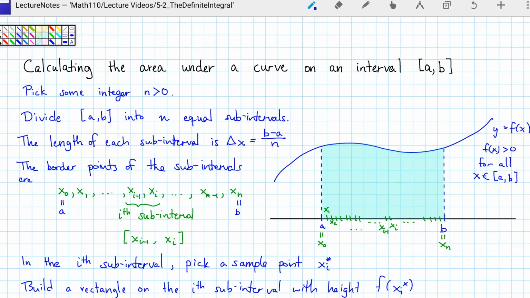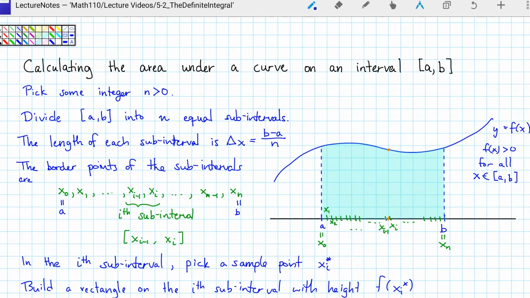Okay, so suppose I pick some point, because it's hard to draw in this tiny little space, I'm gonna pick some point kind of close to the middle, and then I am going to say that the height of that rectangle should be f of xi star, which is right there, and I'm going to build a rectangle on that subinterval.